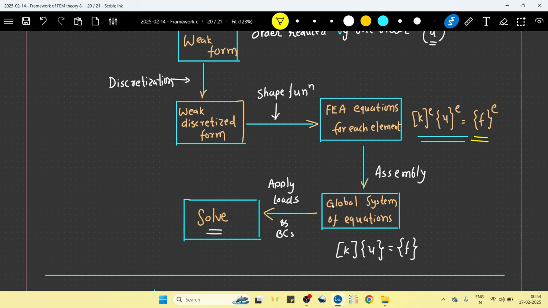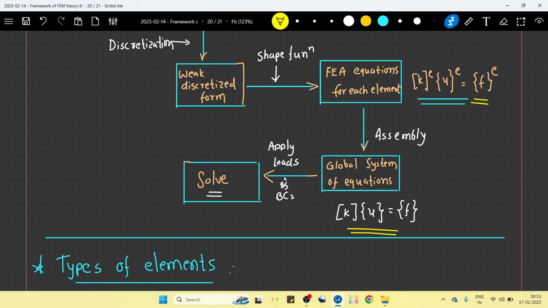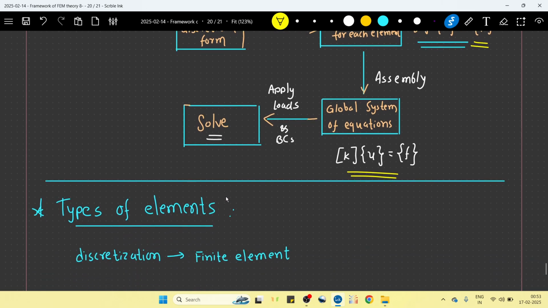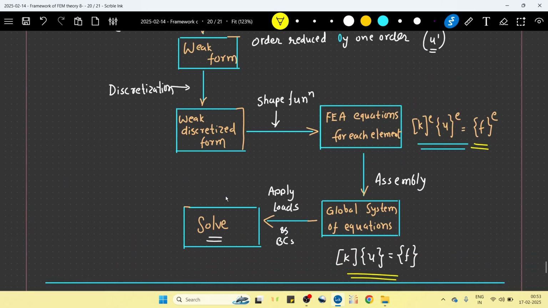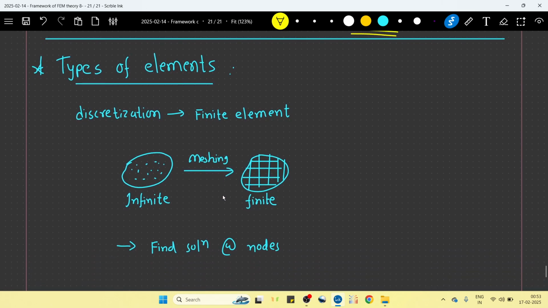By this, we get the global system of equations, which also looks very similar to the element characteristic equations. In this global system, we apply loads and boundary conditions and solve the problem. So that is a quick recap. Let's dive into today's topic, different types of elements.